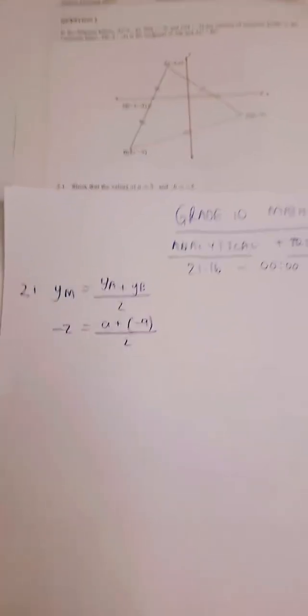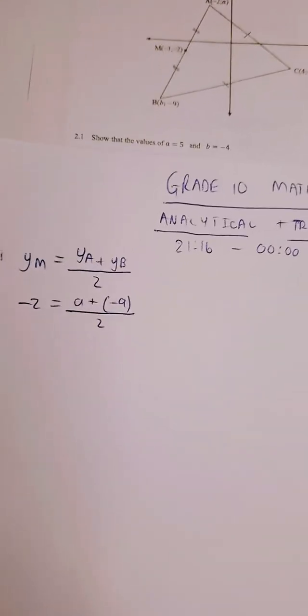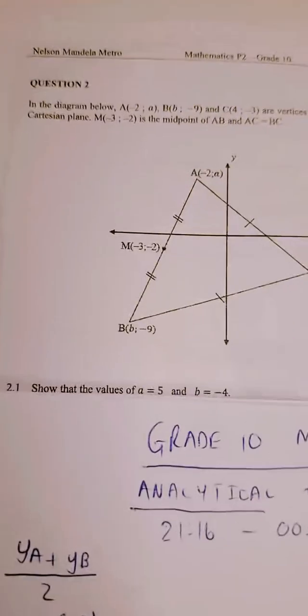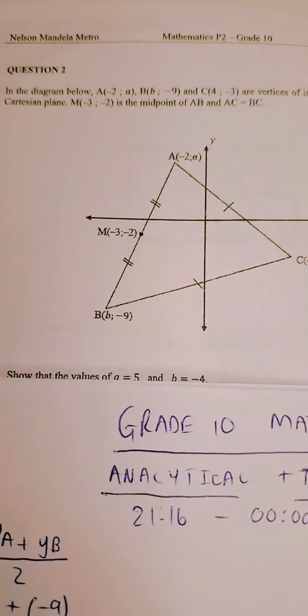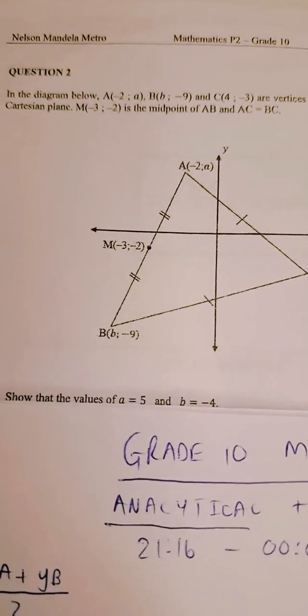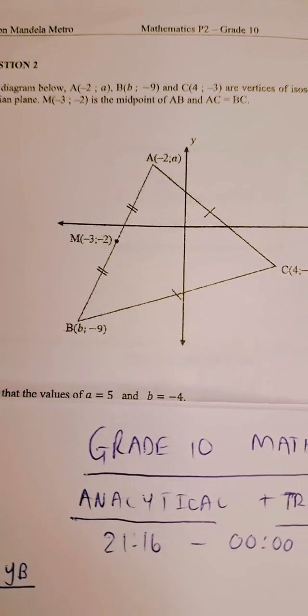Does that make sense, guys? Are we moving together? We want a, which is an endpoint. It's the y coordinate, all right?